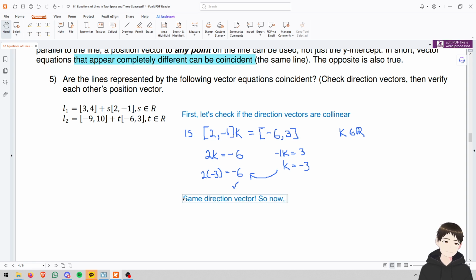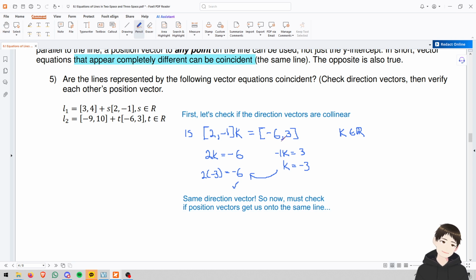So now I must check if the position vectors get us onto the same line. Okay, so because this is parallel, I'm going to check if (3, 4) exists on this line, or in return, I can say, does (-9, 10) exist on that line?